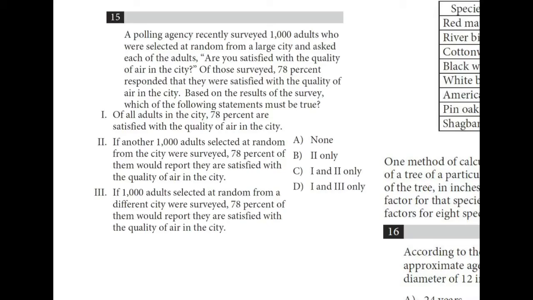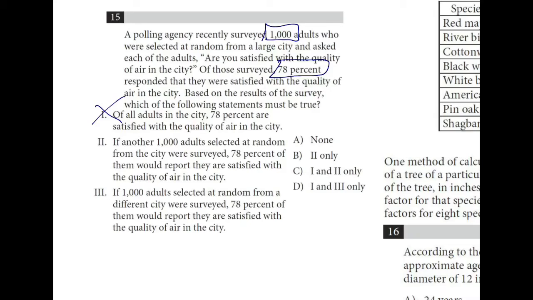So the problem with all three of these statements is that when you take a sample of 1,000 adults and then you try to extrapolate those findings to a larger population, it's not guaranteed. We can predict that about 78% of a larger population would feel the same way, but we don't know for sure. So statement number 1 is not true.